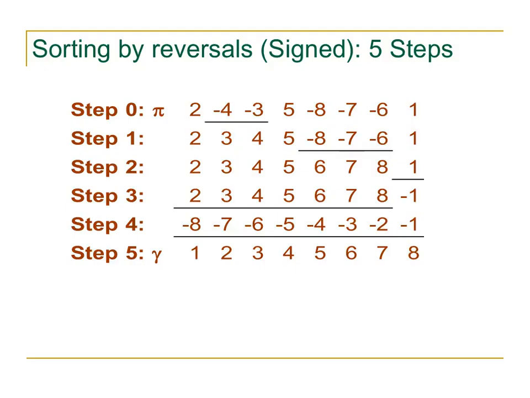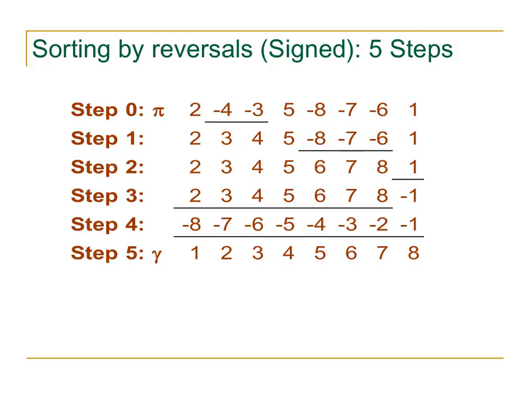Step 1. Reverse the segment minus 4, minus 3, giving 2, 3, 4, 5, minus 8, minus 7, minus 6, 1. Step 2. Reverse the segment minus 8, minus 7, minus 6, giving 2, 3, 4, 5, 6, 7, 8, 1.